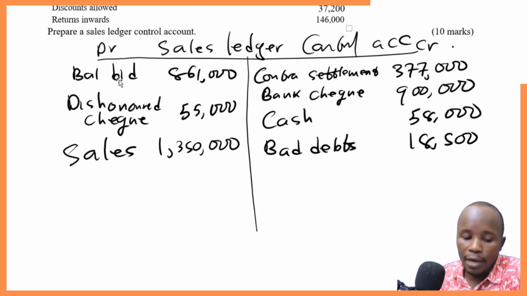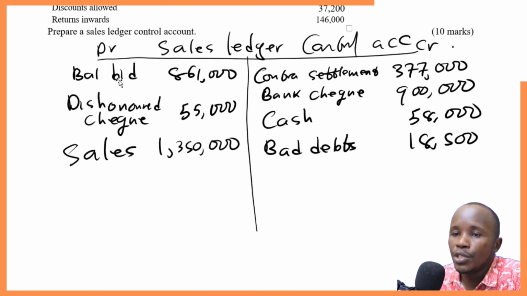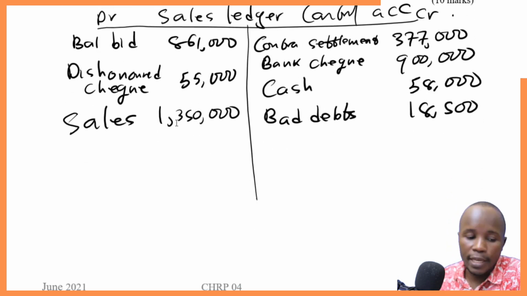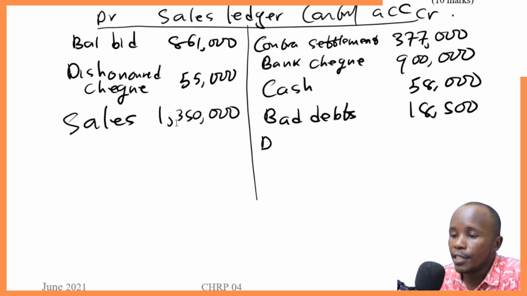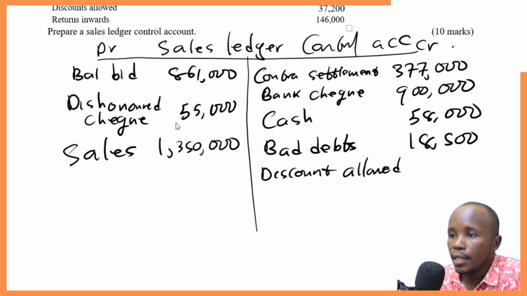Now, discount allowed. When you allow discount, it means you have reduced your debtors. You have reduced the amount of sales. It therefore means discount allowed is supposed to be credited. Discount allowed, how much? That is 200.